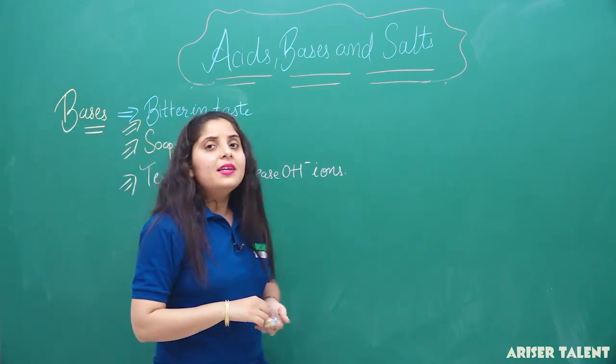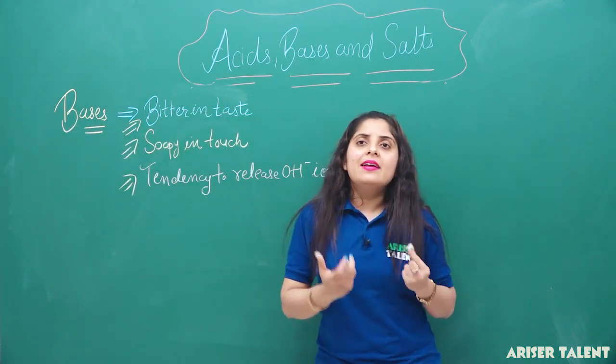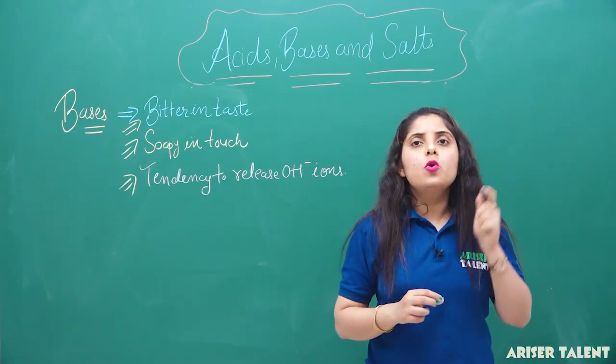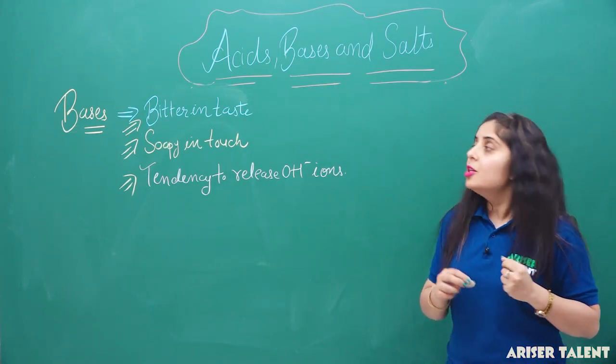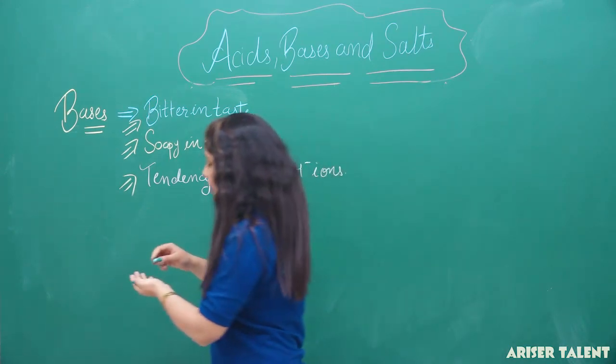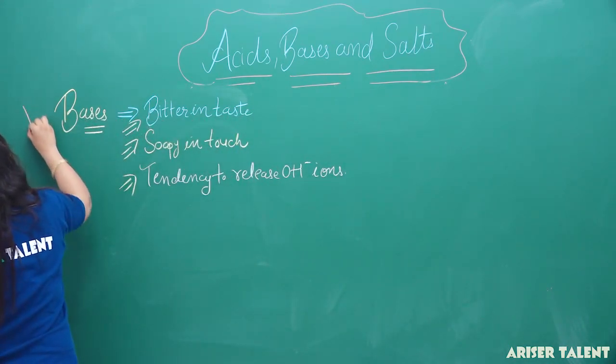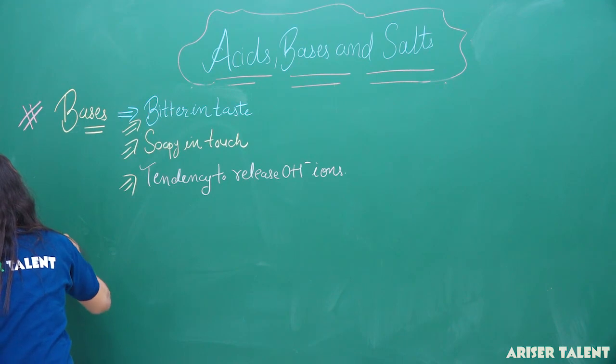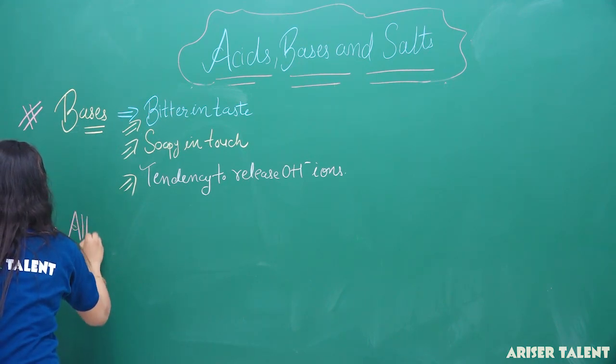Now we are discussing alkali. Alkalis are those substances which are the soluble bases. So we can say that soluble bases are called alkalis. So our next topic is alkalis.